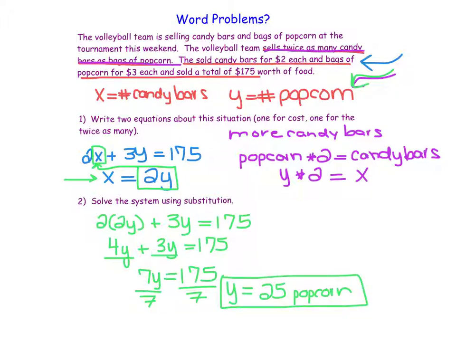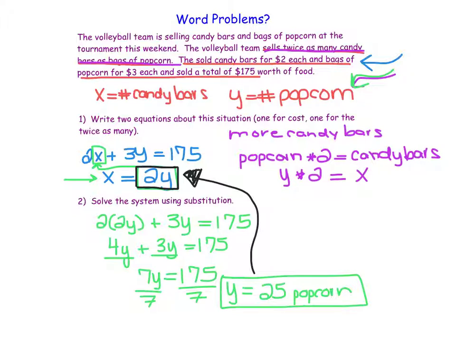But remember, we have two values that we need to know from this problem. So if I think back and realize, okay, I have 25 popcorns, let's use one of these original equations to help us determine how many candy bars we actually sold. Well, I notice this second equation is really easy. This is where it's stating that I sold twice as many candy bars as popcorn.